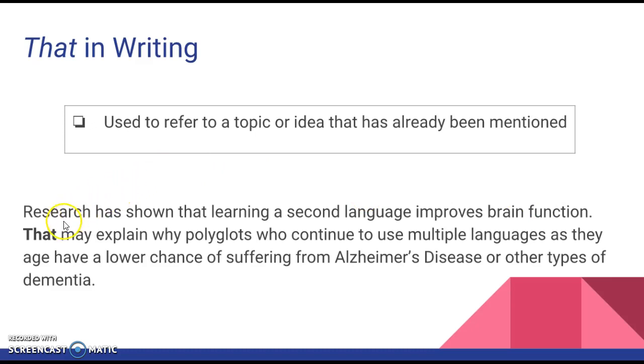So you see that this writer has used that right here, and that refers to this whole idea up here: research has shown that learning a second language improves brain function. So it refers to something that's already been mentioned. And that is a pronoun here.